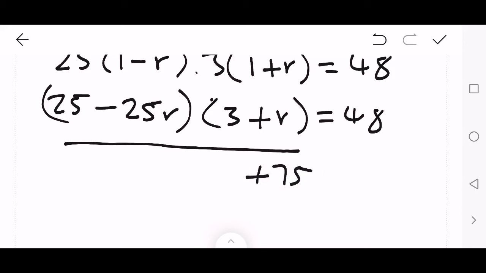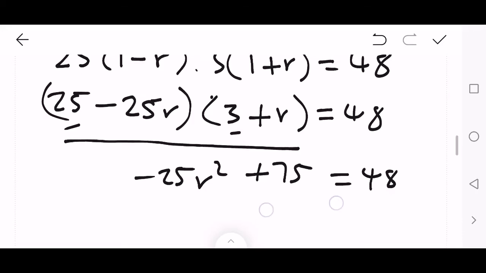That is 25 times 3. And minus 25 times r, that is going to be minus 25r squared equals 48. I hope you know how difference of two squares work, and we have already talked about them in previous videos.